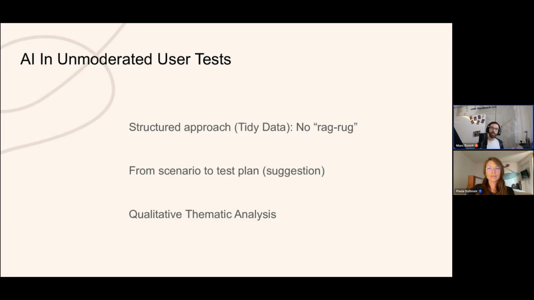In all other ways, we cannot say clear things, or we cannot have clear evidence from the data. And then also something that we're going to show in the Userbrain platform later is that AI can help you go from a scenario, a product, to a concrete test plan with a good suggestion. This is especially helpful for people who come more from a product management or design role, who are not so accustomed to the structure that test plans need to enable a good analysis.